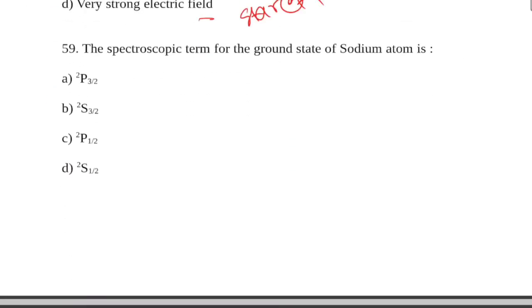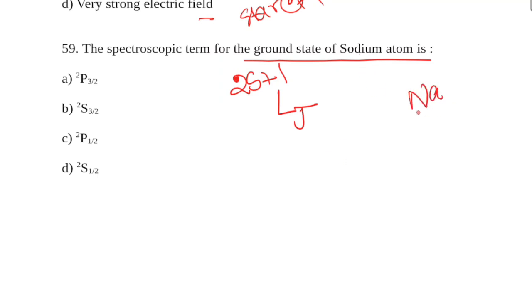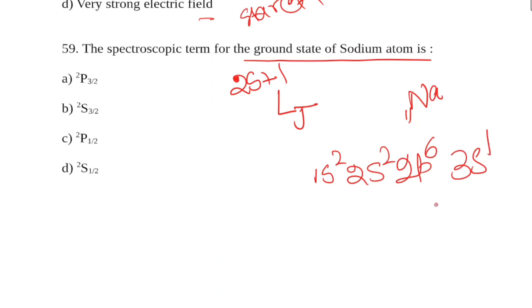Next, the spectroscopic term for the ground state of the sodium atom. You see, the spectroscopic term is given by 2S plus 1 L J. So for the ground state of the sodium atom, you can write sodium 11: 1s2, 2s2, 2p6, 3s1.